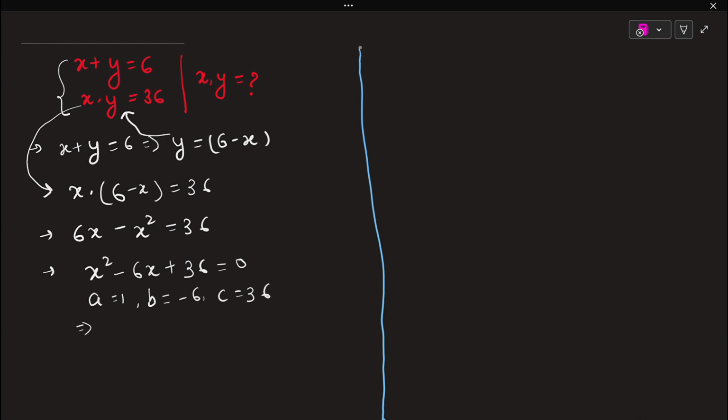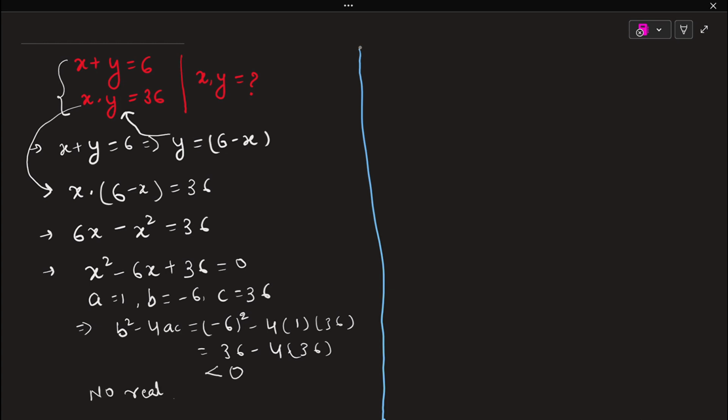If we calculate b squared minus 4ac, that is minus 6 squared minus 4 into 36, that is simply less than 0. So that means no real roots.